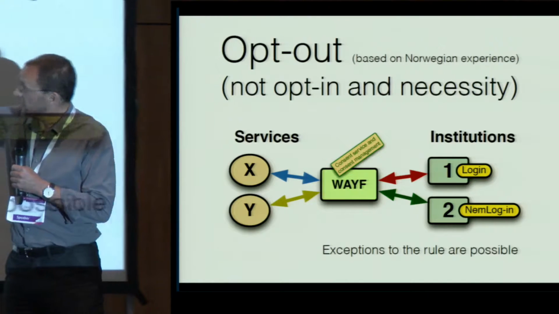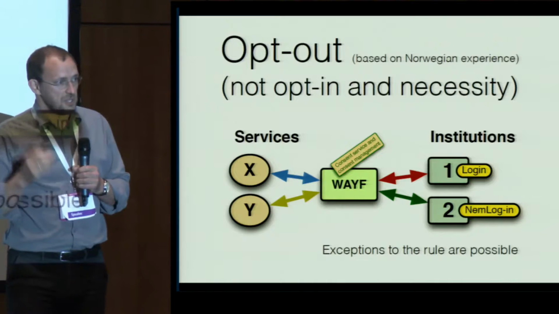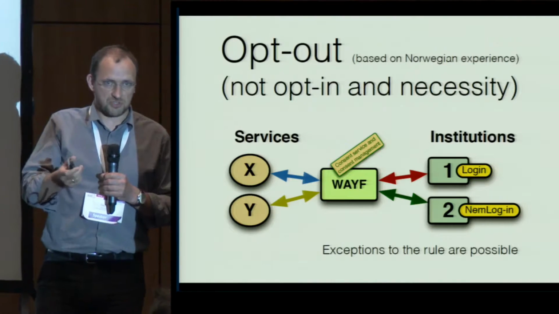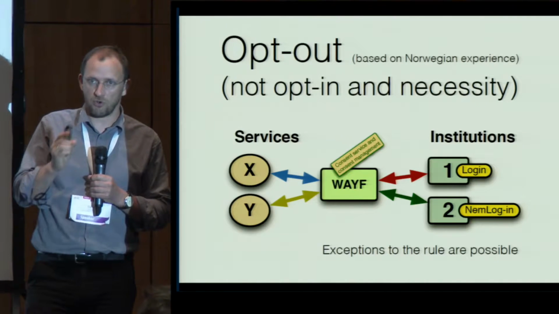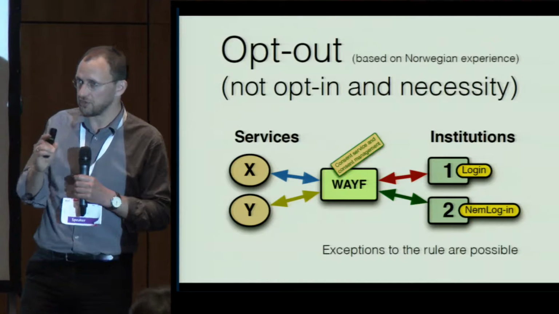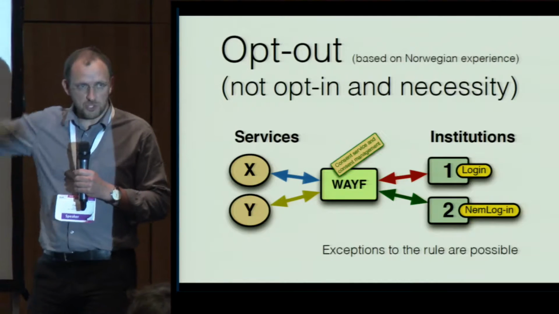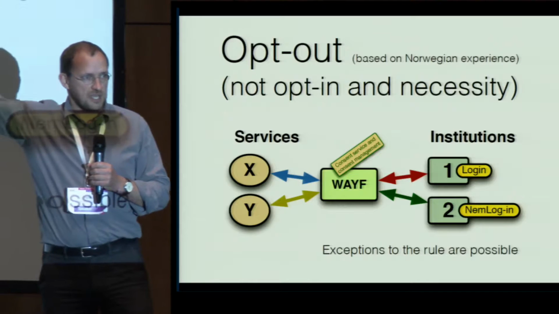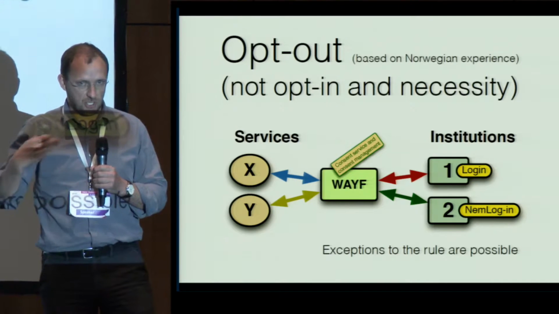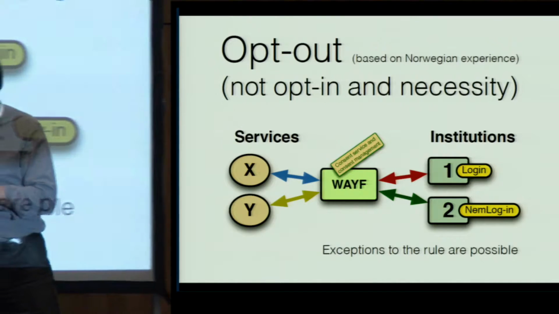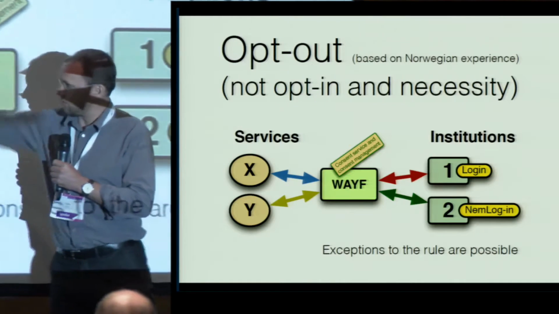It's done centrally. Now, WAYF is an opt-out infrastructure. This is crucial to the understanding of why we do it this way. WAYF is open. Any user can try to access any service. It's not opt-in where an IDP would point and say please open this connection and not that connection.